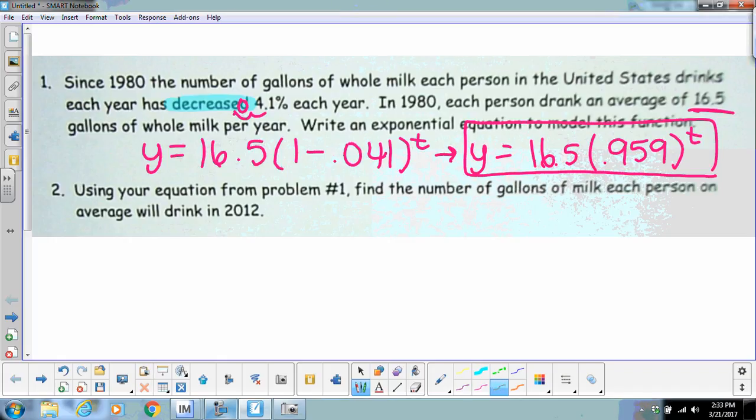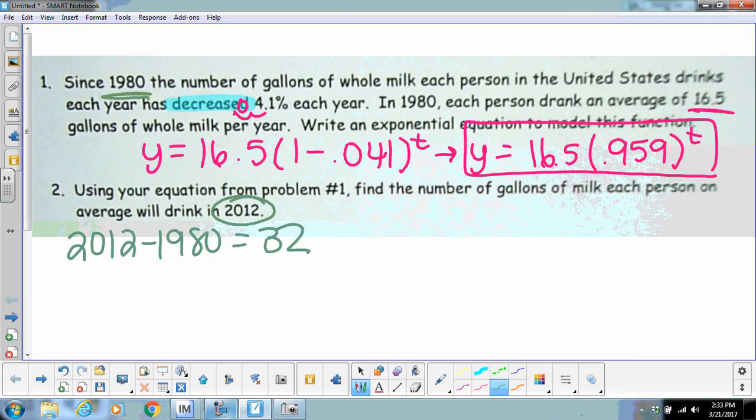Okay, then secondly, here on problem number 2, it takes that equation from problem number 1, and it wants you to find out the average in 2012. Well, remember up here we started in 1980. So to get our t here, we're going to say 2012 minus 1980, and that's going to give us 32. So I'm going to use my same equation, and I'm just going to plug that straight into the calculator.